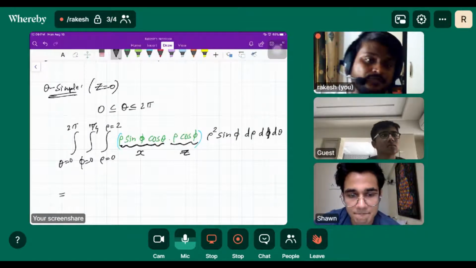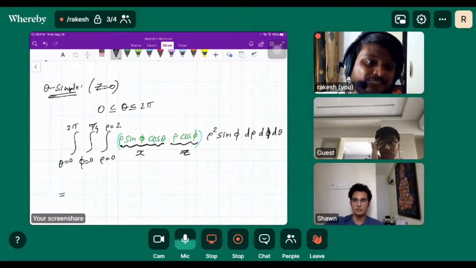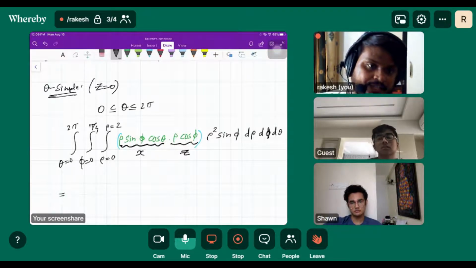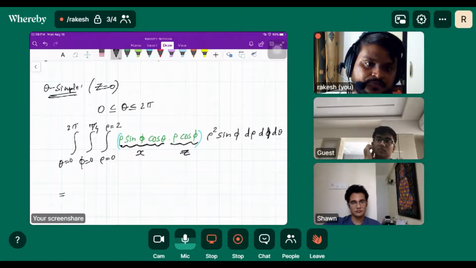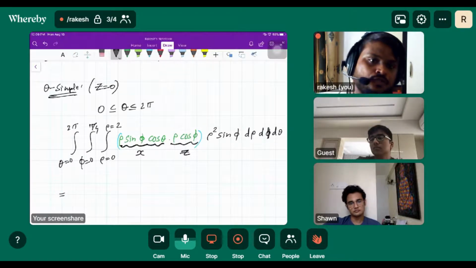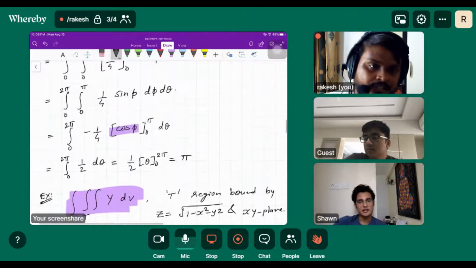But since we are integrating with respect to phi, theta, and rho, we have changed the variable here. So this x and z no longer exist in this. They have to be converted into a spherical coordinate system. Therefore, x is equal to rho sine phi cos theta. Do you remember the expression we have done initially? Understood that.